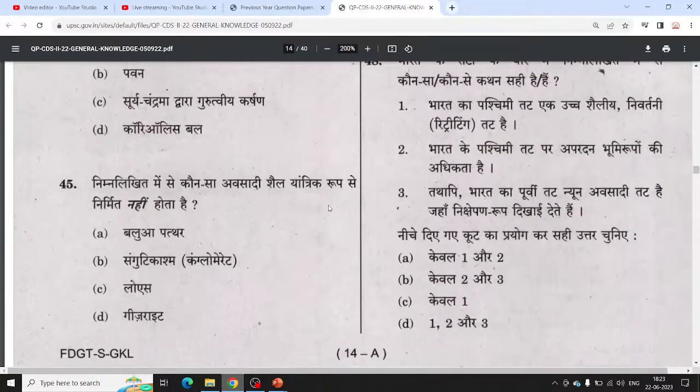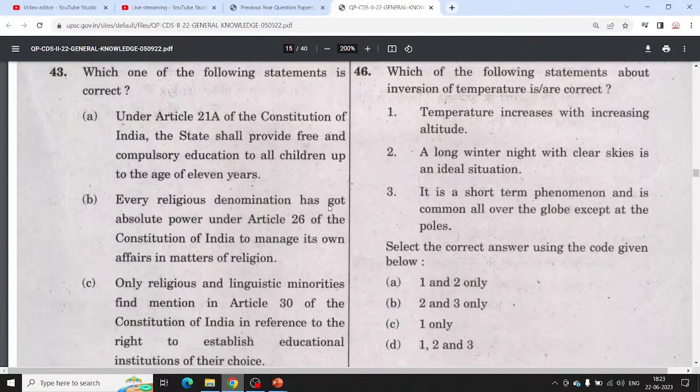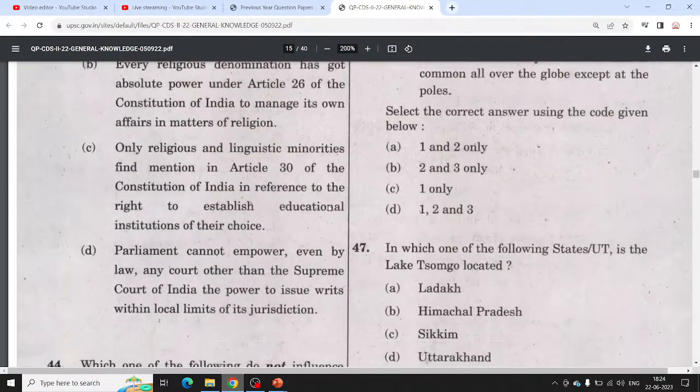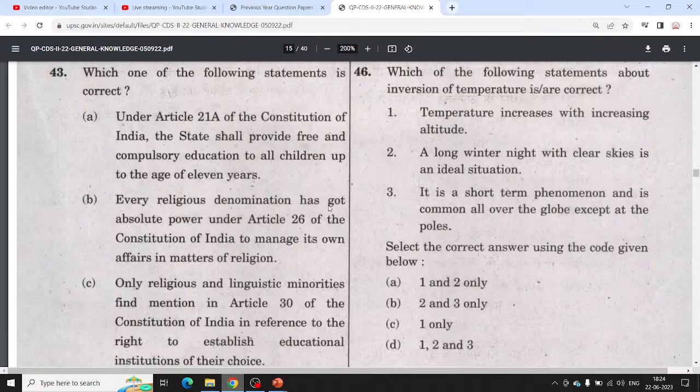Next, again polity, 21A etc. Okay, 46. I have done this in geography classes. What happens to the temperature when we go to a higher altitude? Decreases. Check question number 46. Statement 1 is correct or wrong? Look here.